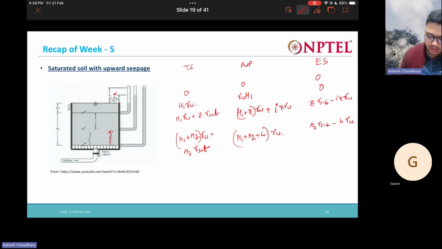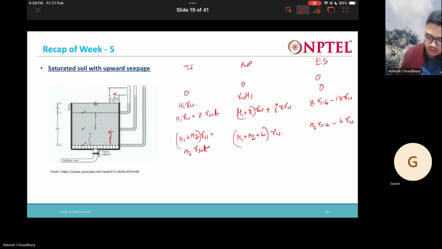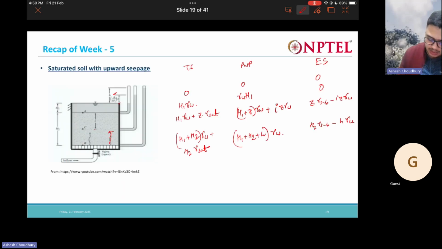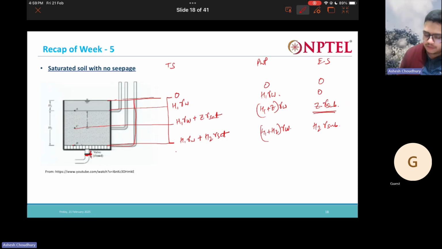Now again this was upward. Now similarly for downward seepage. So here you can see this is for upward. So upward seepage at any point z, you can see here the effective stress is reduced by this amount. So for no flow condition, this was my effective stress, right?